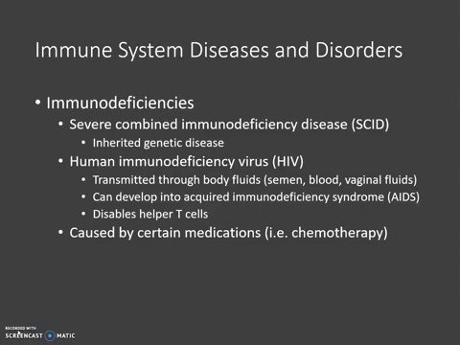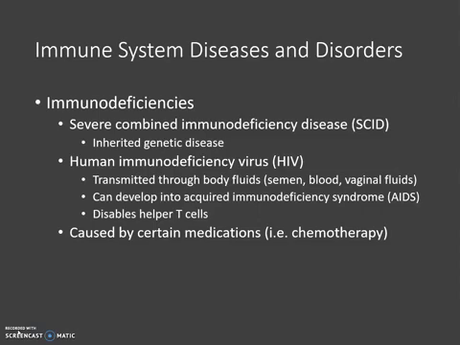So typically people that have developed AIDS, they may die due to getting a common cold or the flu or something that wouldn't be very concerning to someone with a fully functioning immune system.